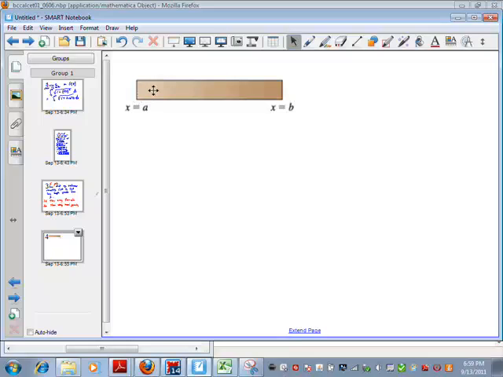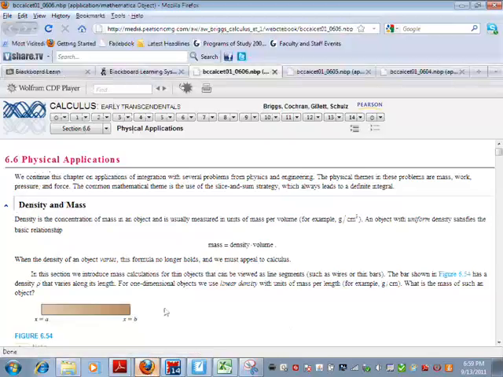We'll make the pieces small enough so that on each piece, the density is constant. If the density is constant, then we just have the regular formula: density times the volume. That's the mass. And so we break up A to B into small enough pieces so that on each piece the density is constant, and then we can just calculate the mass on each one and then add everything up.